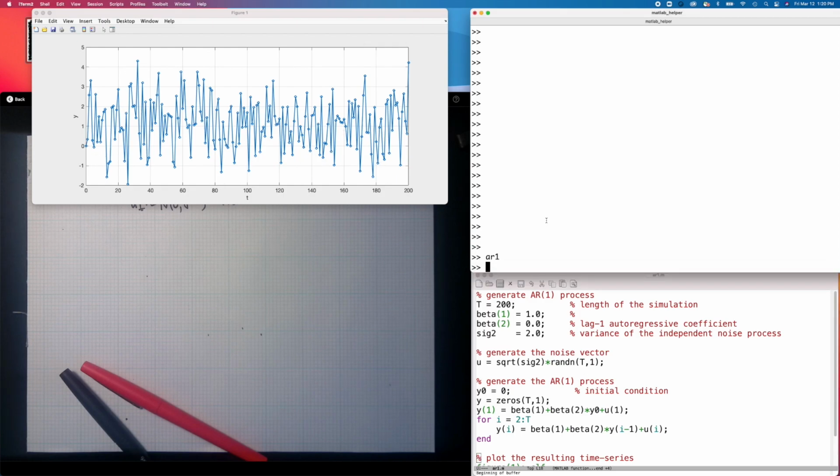The square root of 2 is about 1.4, and that seems about correct. About 68% of the dots fall within plus or minus 1 standard deviation, or between 2.5 and minus 0.5.